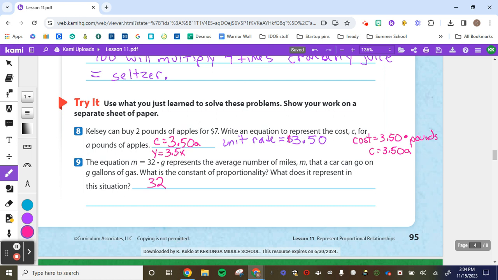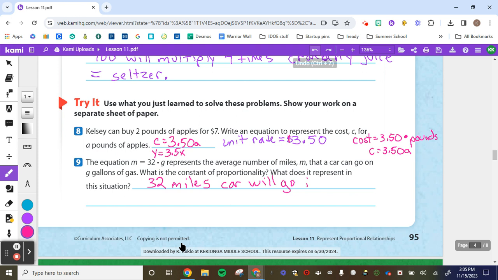So if we're talking about miles and gallons, so 32 is how much the average number of miles that a car will go, not in, on, or with.